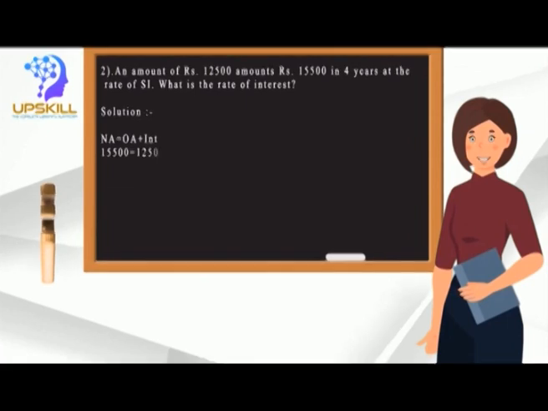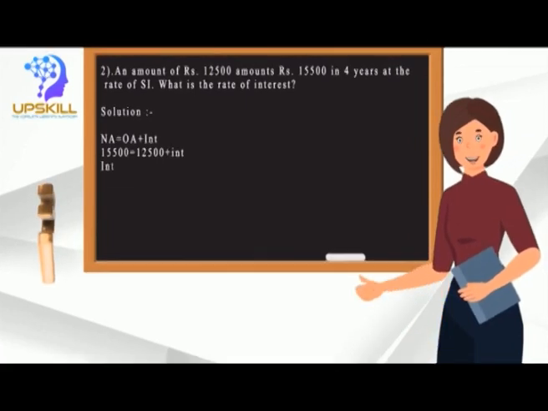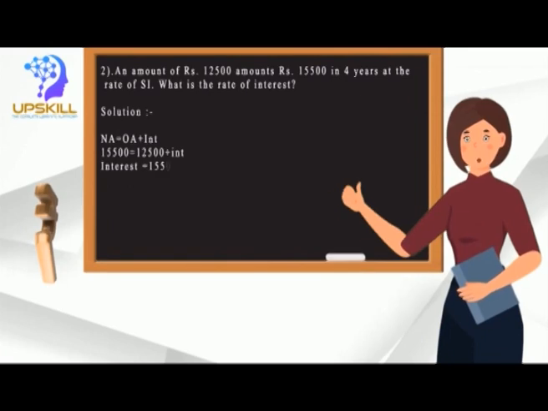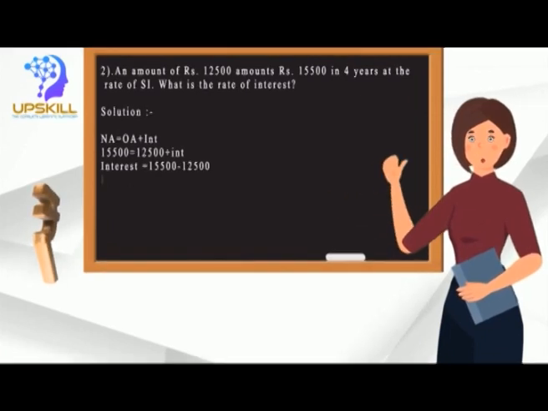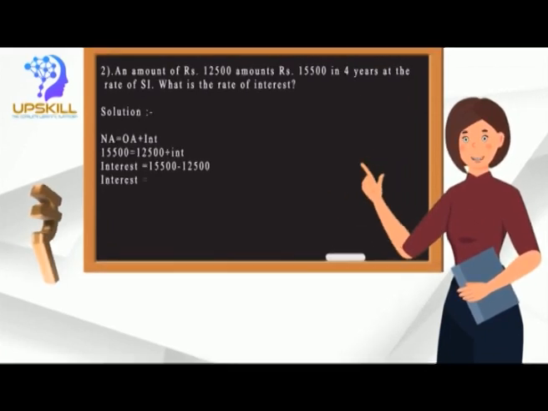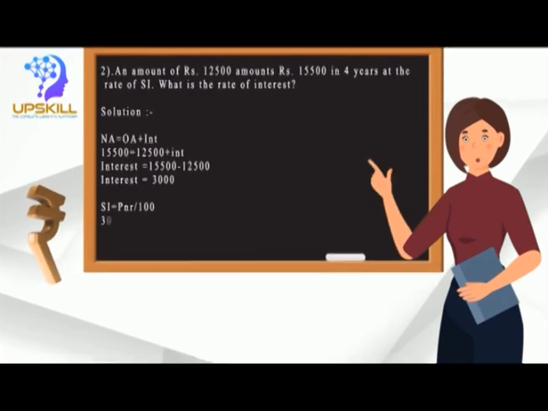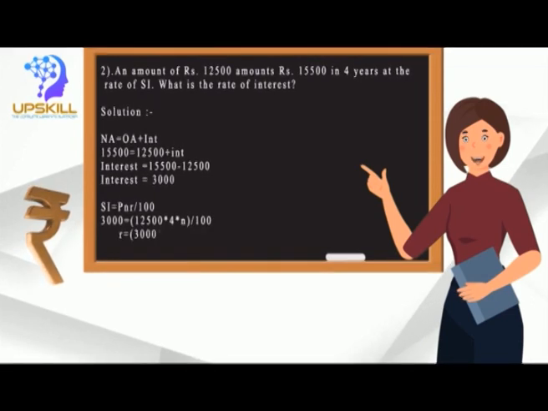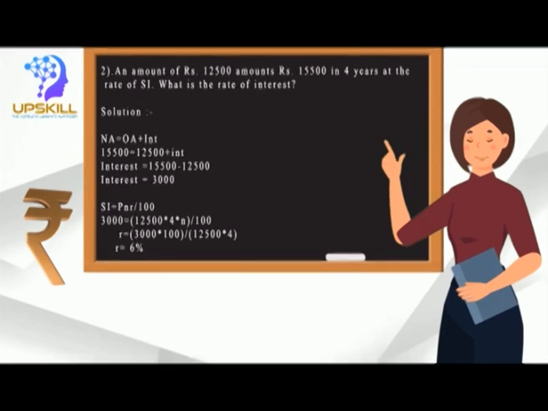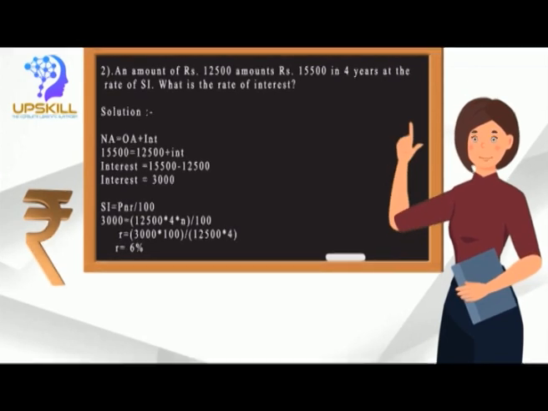Interest is equal to 15,500 minus 12,500, which will be equal to 3,000. Therefore, simple interest is equal to PNR by 100. That is 3,000 is equal to 12,500 into 4 into R divided by 100. R is equal to 3,000 into 100 divided by 12,500 into 4, which will be equal to 6%.